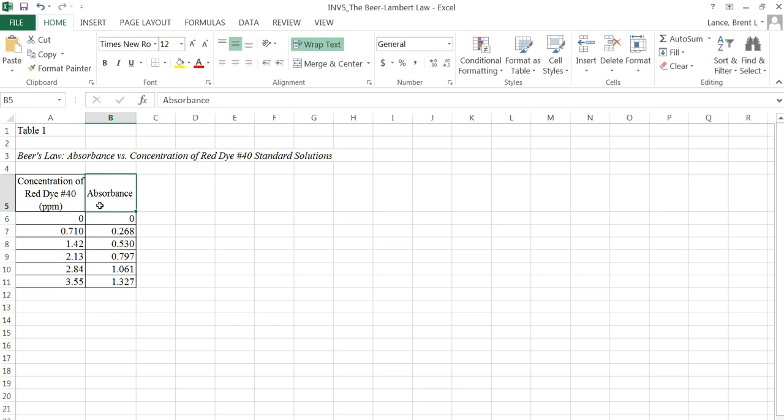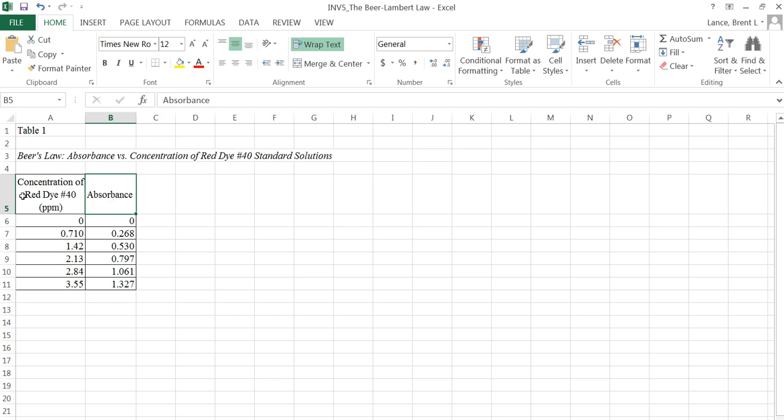And then the instrument, the spectrophotometer, measured the absorbance value for each one of those at the analytical wavelength, the proper wavelength. Since this was a red solution, it should have been around 500 nanometers for the wavelength.